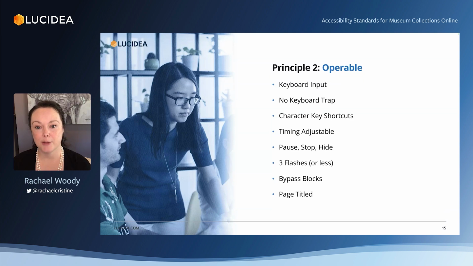And then as we think about operation and navigating, thinking about bypass blocks, what this particular one means, as we think about collections online, that online portal, it can pertain to repetitive information. Sometimes for us, that can be a footer of how to request materials that can pop up with every view of the record.